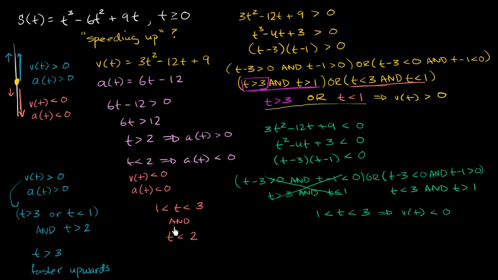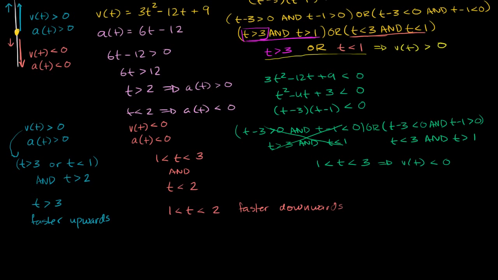So what t's satisfy both of these? Well, if t is between 1 and 2, so 1 is less than t is less than 2, then we're moving faster downwards.